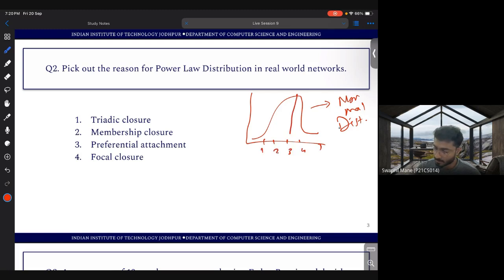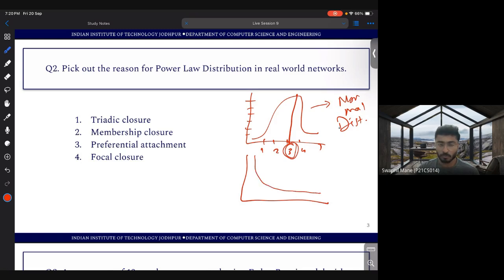Let's take an example: for 3 we got a peak value. Peak value means for degree 3 there are a lot of nodes which have degree 3. This is how the plot is drawn. So in the real world, we found that the graph looks like this.